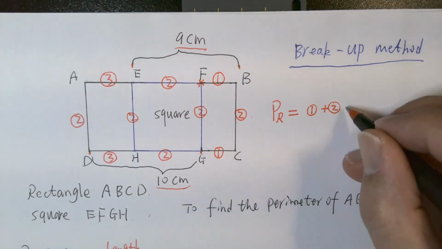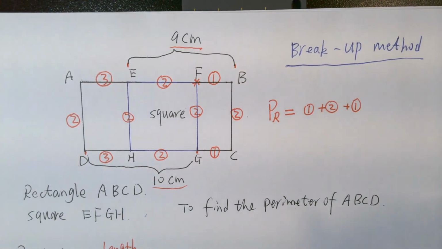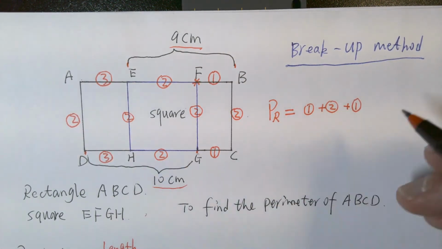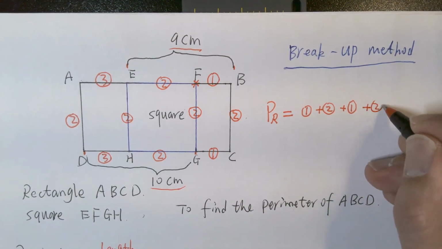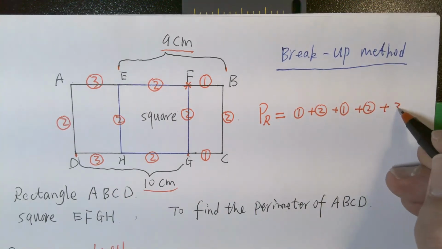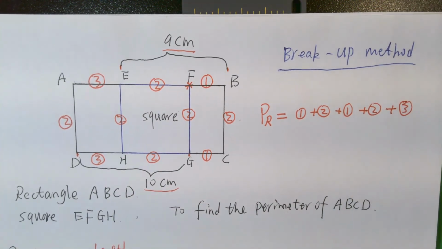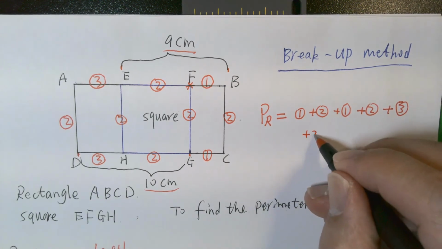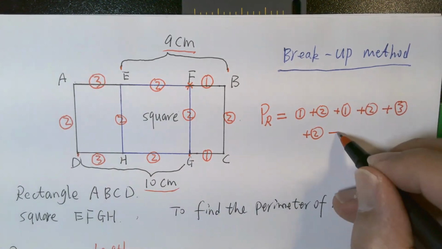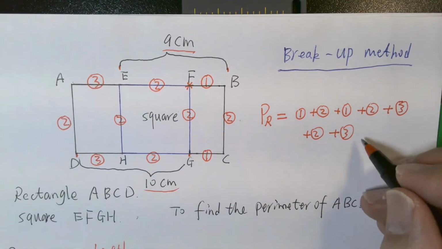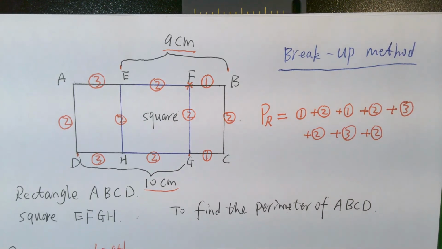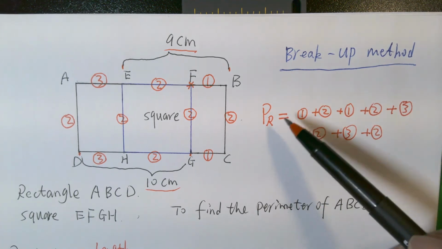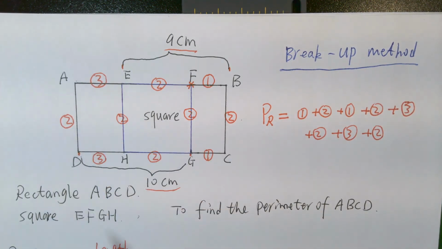Continue here, plus 1. All the way, clockwise, plus 2. Then plus 3. And continue, plus 2 here, plus 3 there, plus 2 here. Done. Right? Now, that is the perimeter of the rectangle ABCD.